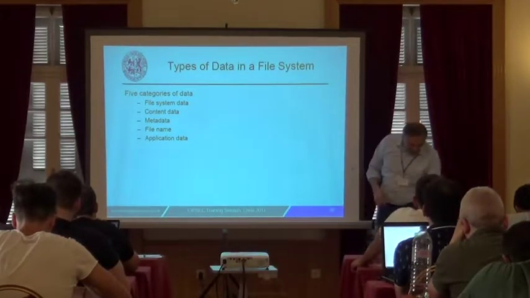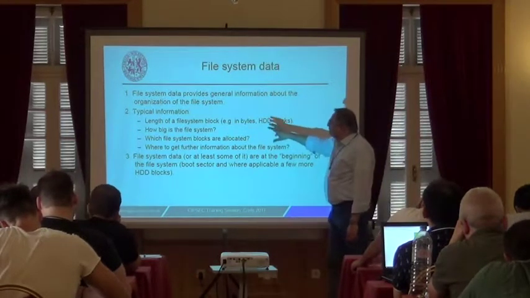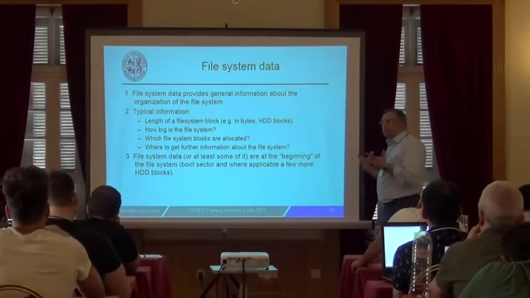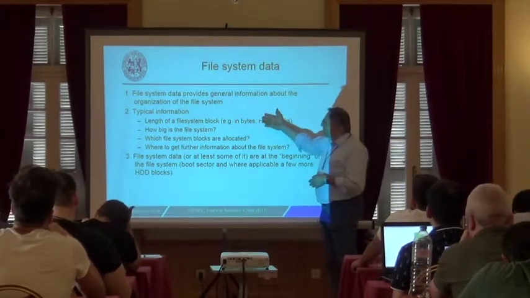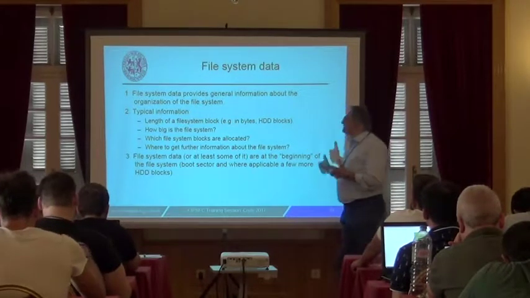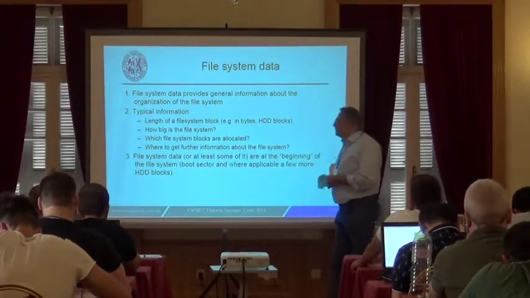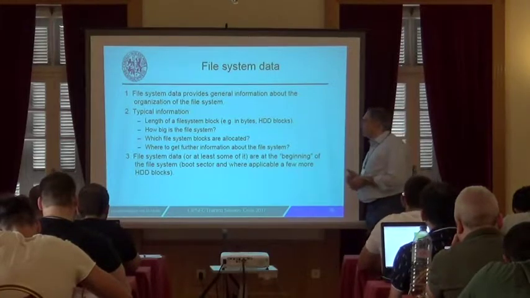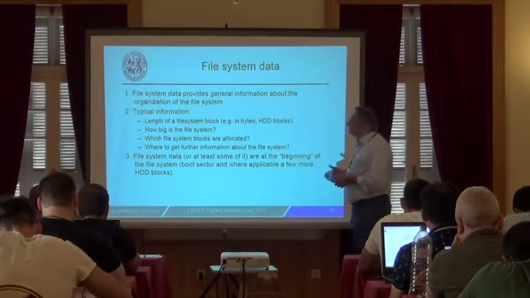Let's look at them a little bit more closely. So we need information about how the file system is constructed. How many bytes is a file system block, or how many hard disk sectors is a file system block, how big is the file system, how many blocks are free so that we can allocate them for new files, and how can we get additional information about the file system.